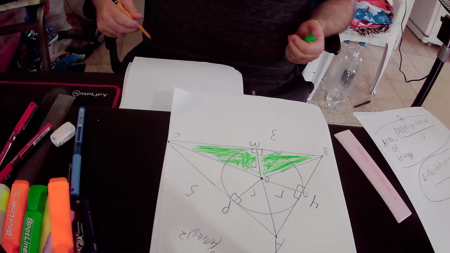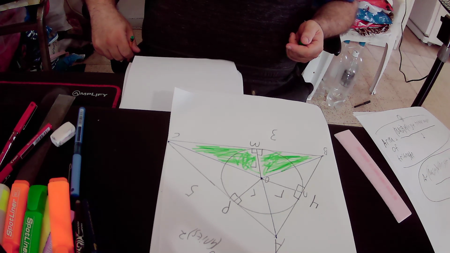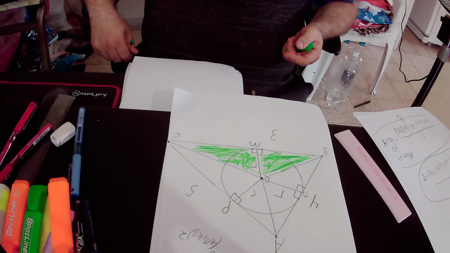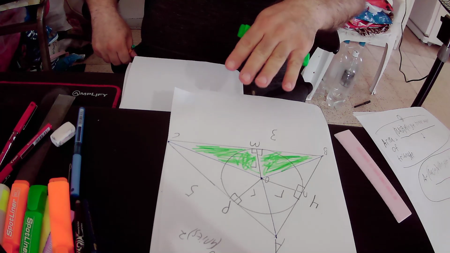And the height of a triangle is defined as the line segment that creates 90 degrees with the base, or the line segment that is perpendicular to the base of the triangle.